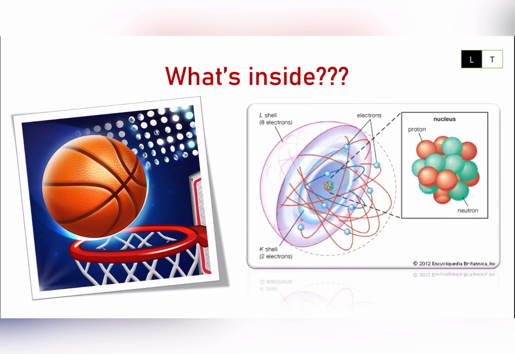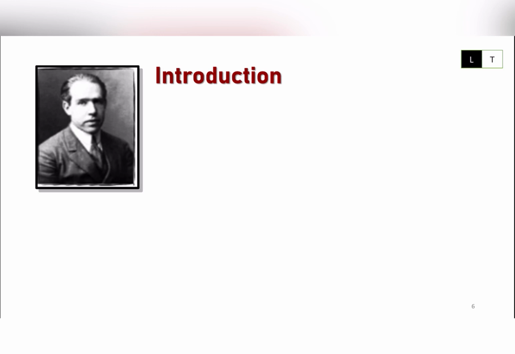Generations ago, people did not know exactly what was inside an atom, but they had some ideas. There are a lot of scientists or physicists who proposed a model or a structure of the atom. However, the most famous one is from this guy, whom we know as Niels Bohr.